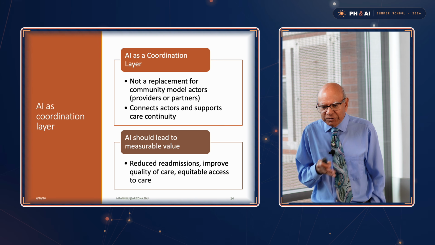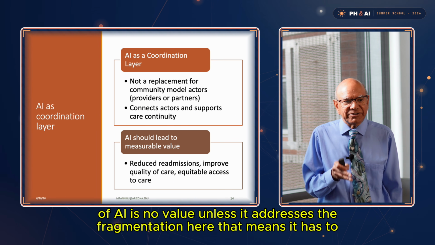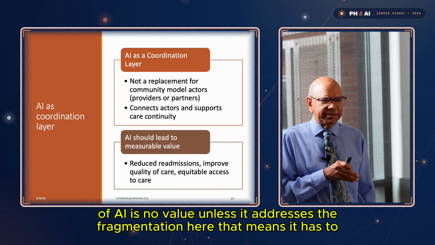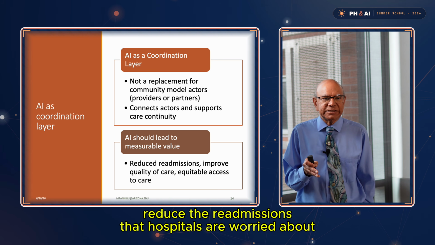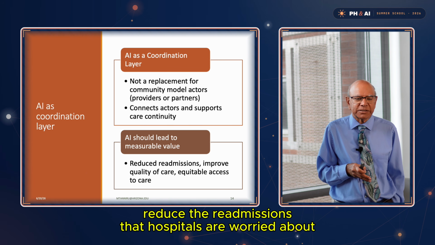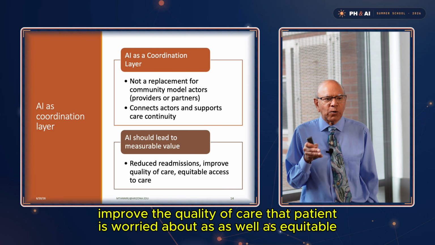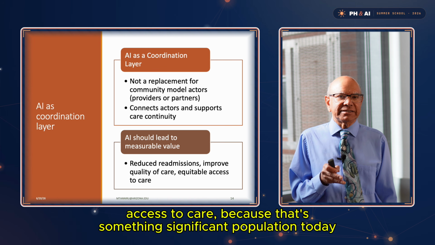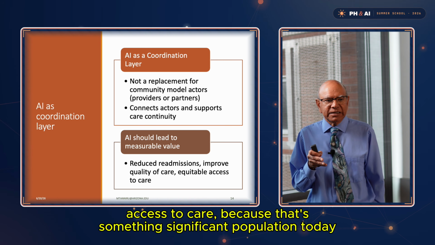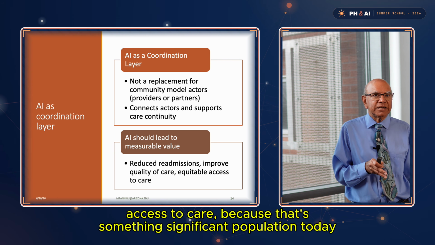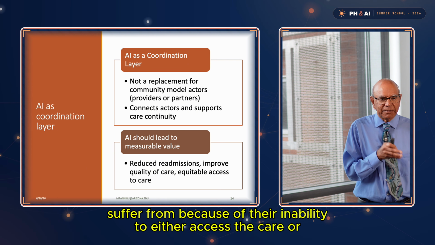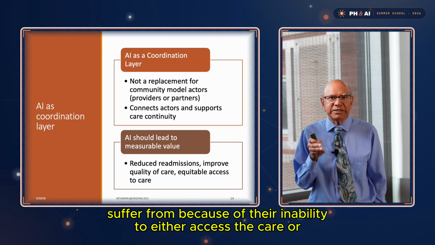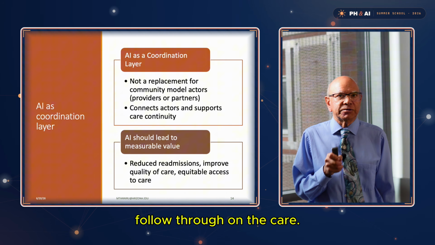Remember, use of AI is of no value unless it addresses the fragmentation. That means it has to reduce the readmissions that hospitals are worried about, improve the quality of care that patients are worried about, as well as equitable access to care, because that's something a significant population today suffers from because of their inability to either access the care or follow through on the care.